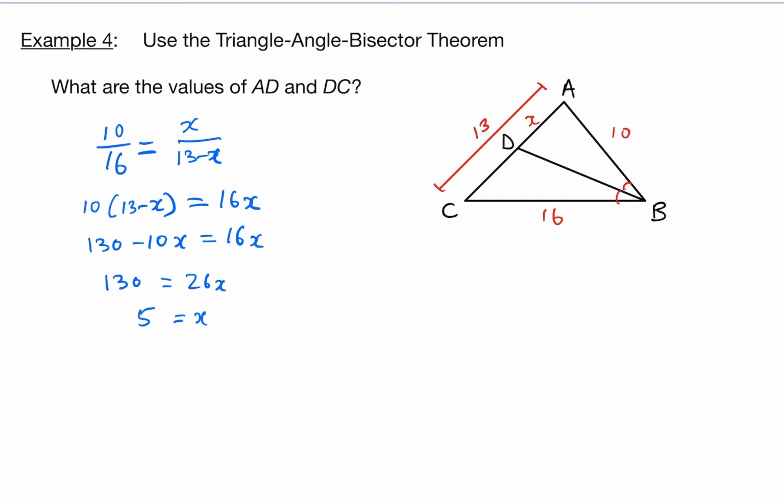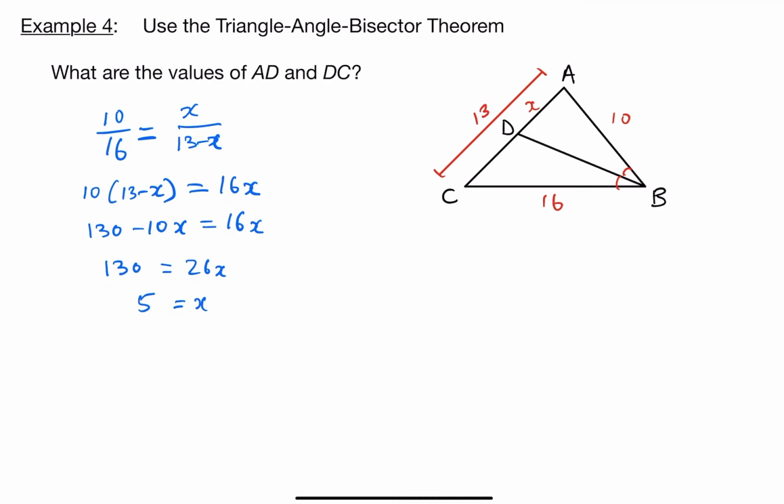We get x is equal to 5. Now that we know x is equal to 5, AD right here is x, so AD is equal to 5.